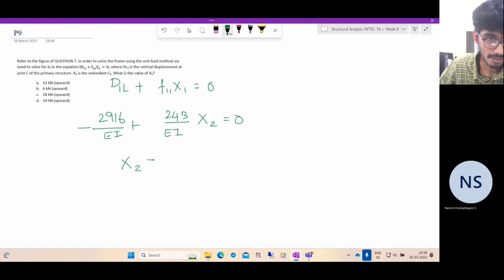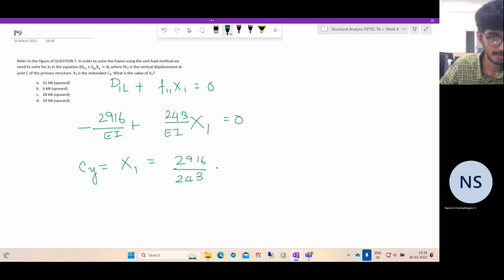So x2, which is the unknown reaction Cy, is just 2916 by 243, which is 12 kilonewtons. Since it is positive, it is upwards. So that's the right answer.